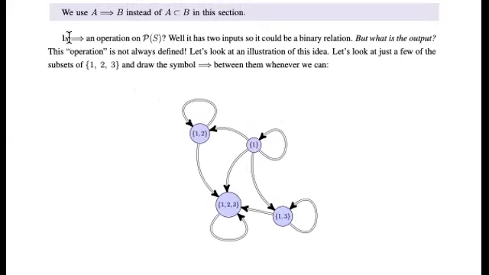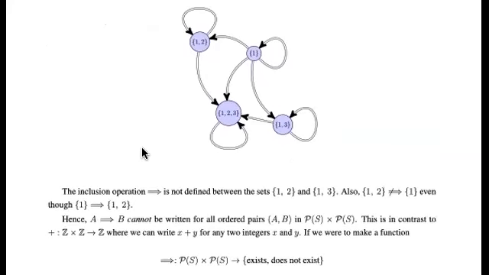is this an operation? Is this symbol an operation? I mean, we've been talking about functions preserving an operation structure. So is it an operation? Well, for most operations, like addition between integers, you can write an integer, then the symbol, and then another integer, and you can always do that between any two integers.